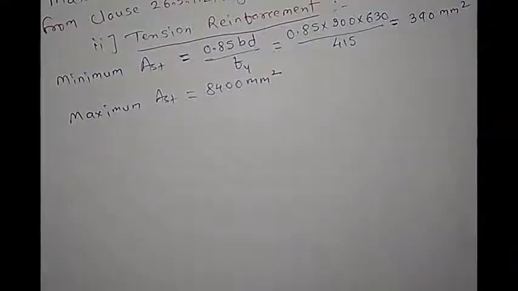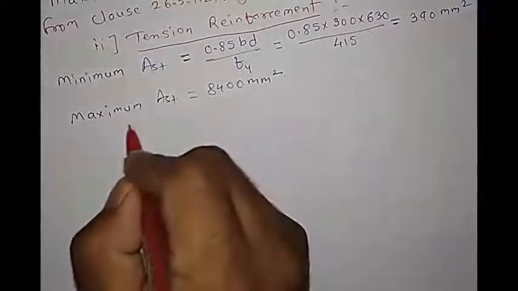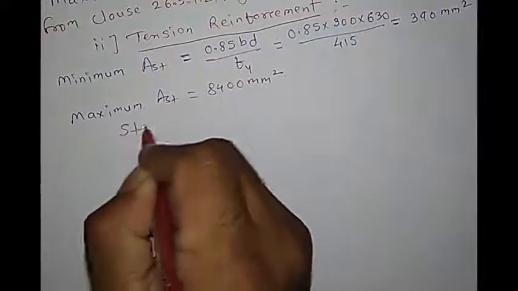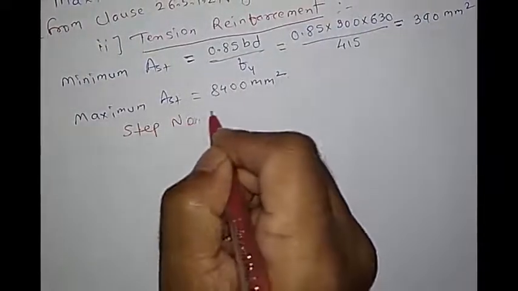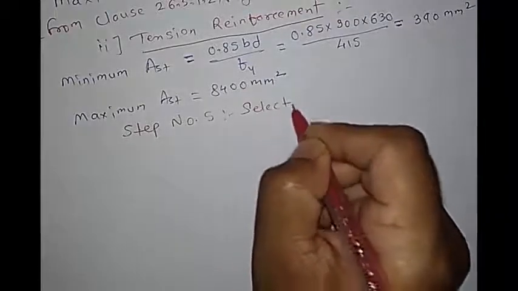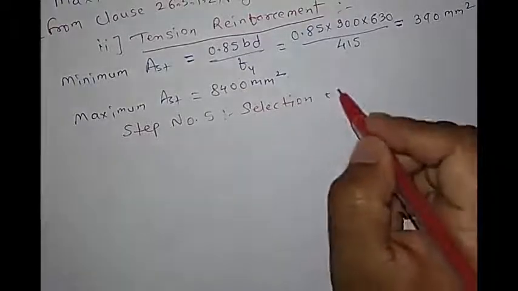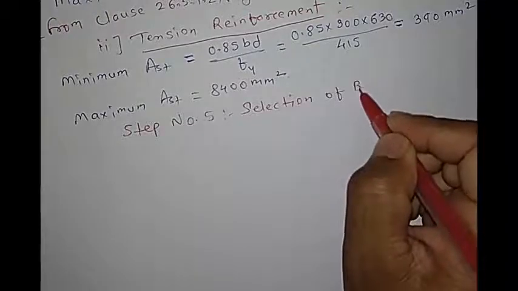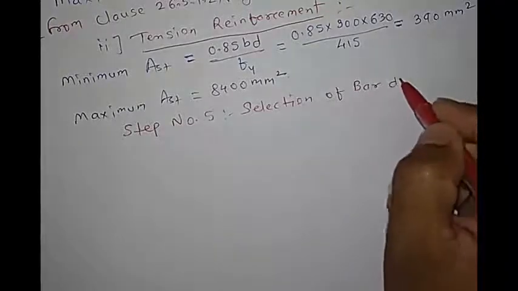So lastly we will go ahead with step number 5, that is selection of diameter of bar. So selection of bar diameter.